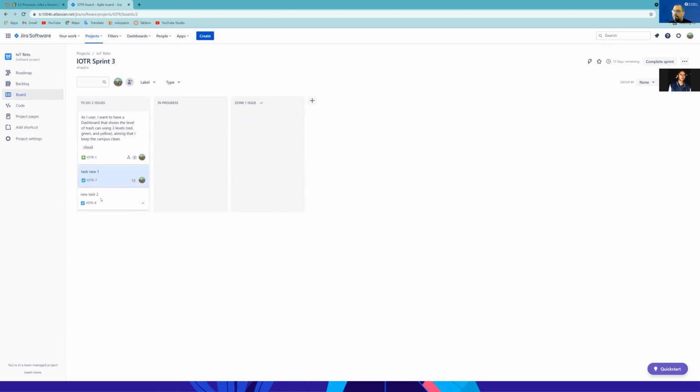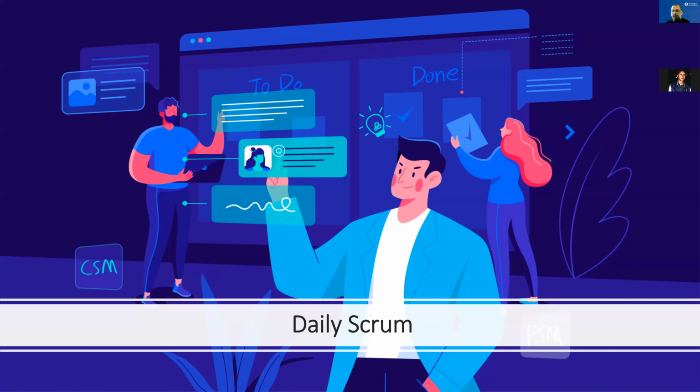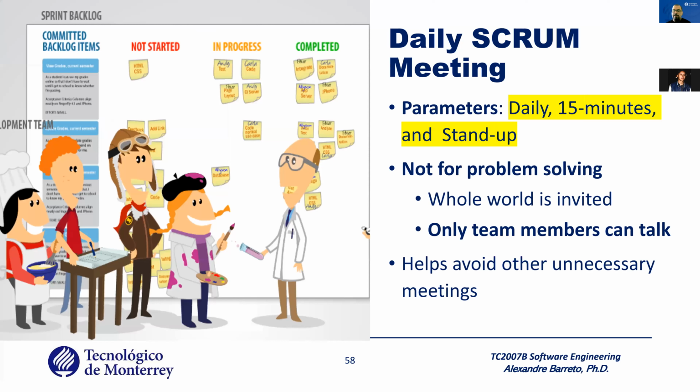But how is the daily dynamic? The daily dynamic is based on the daily scrum. The daily scrum is a 15-minute meeting, daily, and standing up. All the team is standing. Why?